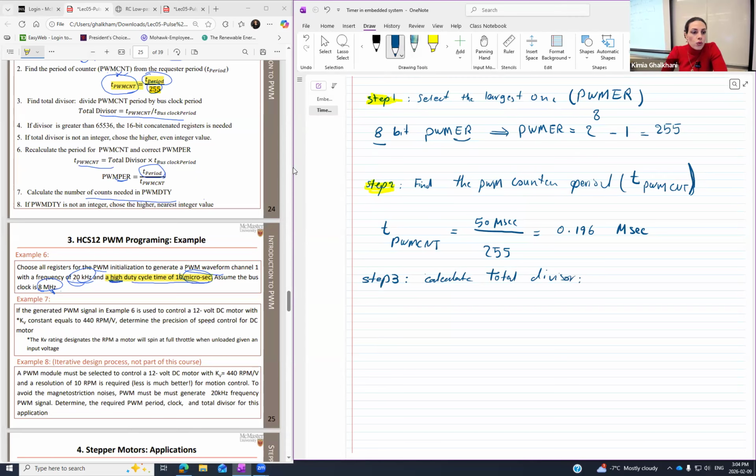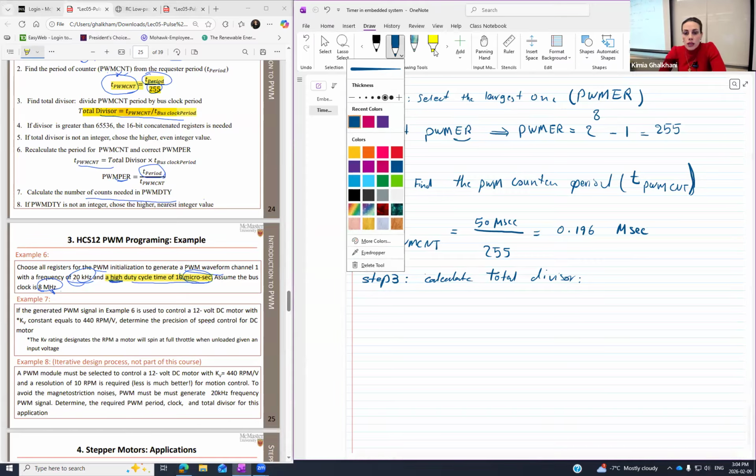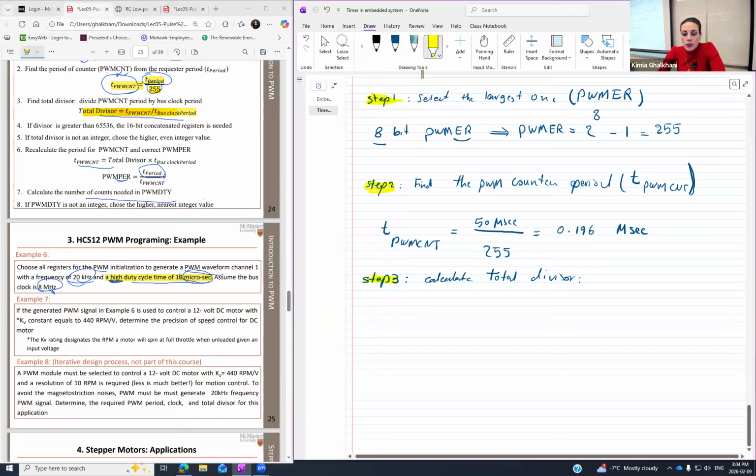I already have the equation from the slide. I use this one. Total divisor is the T counter divided by T bus. I use the same equation. So I'm going to highlight, this is your step 3. And then in step 3, I say total divisor is equal to T PWM CNT divided by T bus.